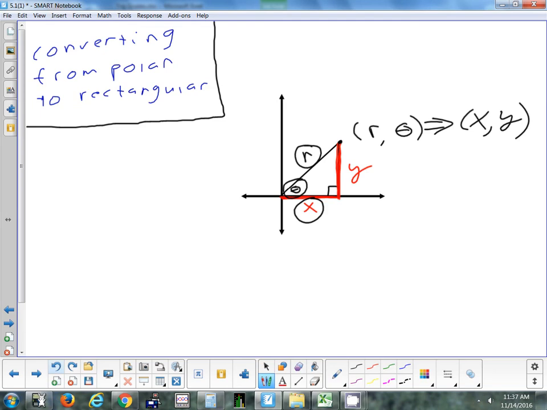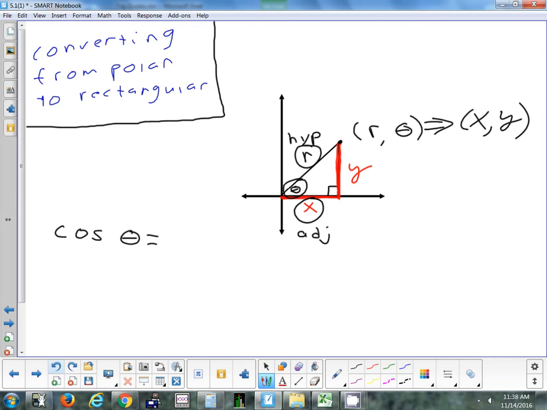Connor? Can somebody tell me the name of the side next to the angle? That's adjacent. And what about the side across from the 90? That's your hypotenuse. So for this one, I'm asking about x, so I'm using adjacent and hypotenuse. What's that? That's cosine. Yep.